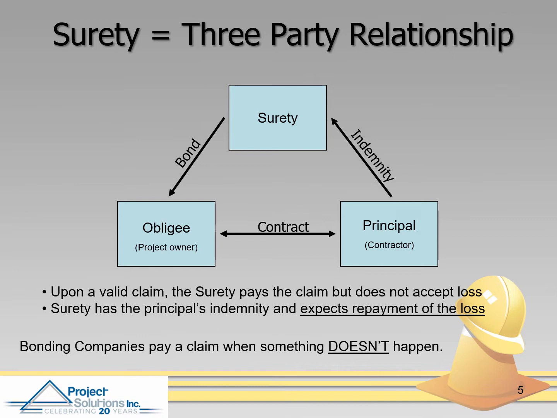They are paying a claim when something doesn't happen. When the building doesn't get built, or the road doesn't get completed, or the bills don't get paid, they pay a claim when something doesn't happen. And they have recourse against the project principal who didn't perform on the contract.